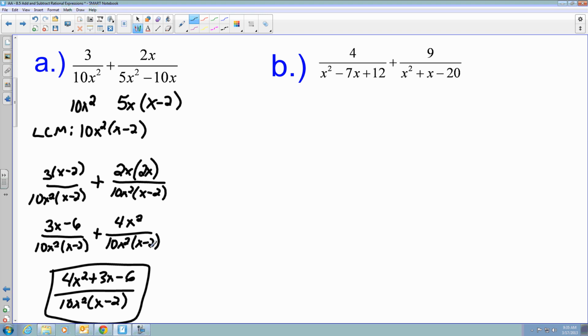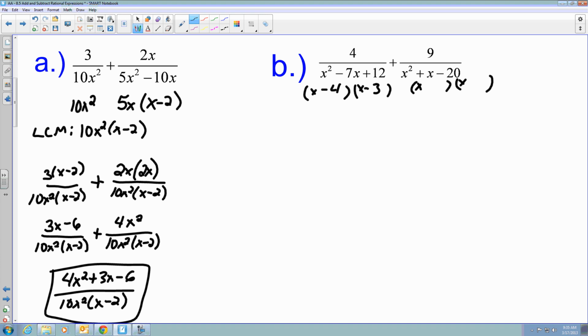So for B, let's find the least common multiple. I'm going to factor out this side here. So if I go parentheses, parentheses, I go x and x. This will give me what? Minus 4 and a minus 3. Over here, I'm going to have parentheses, parentheses, x and x.